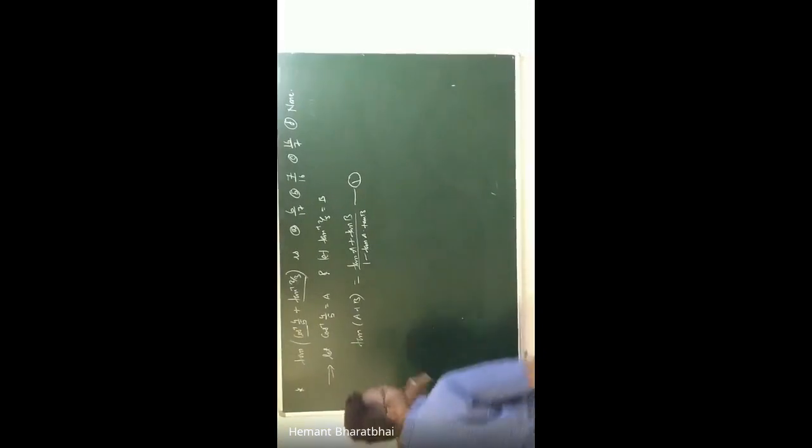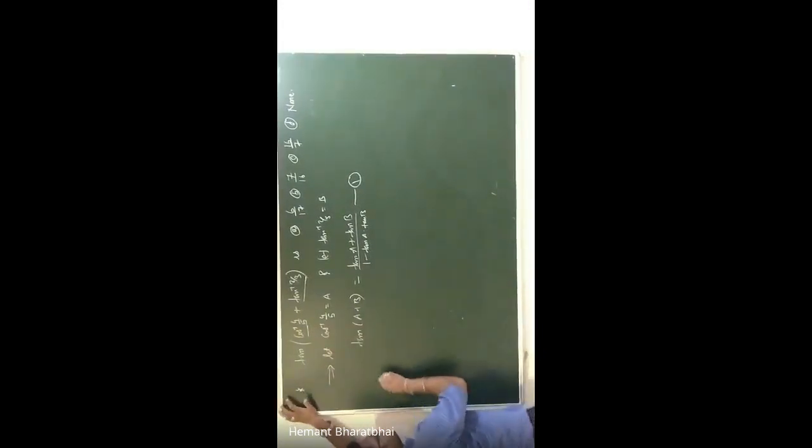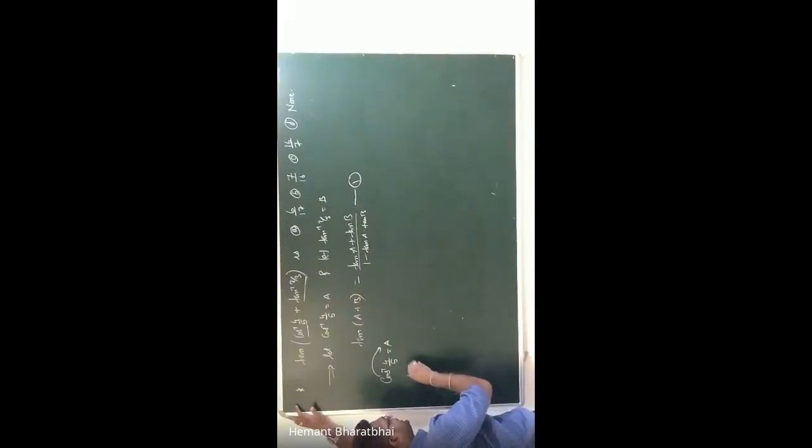Okay, so let's find out tan A. It's simple. Here we have cos inverse of 4 by 5 is equal to A. So if this goes over there, this cos inverse will become cos, so I'll get 4 by 5 is equals to cos of A.